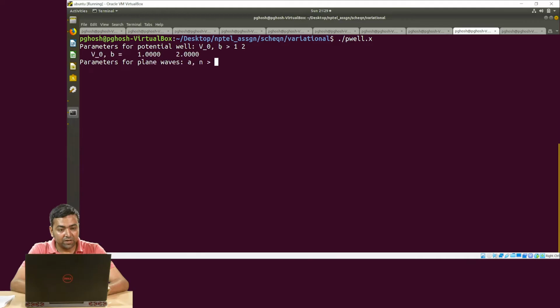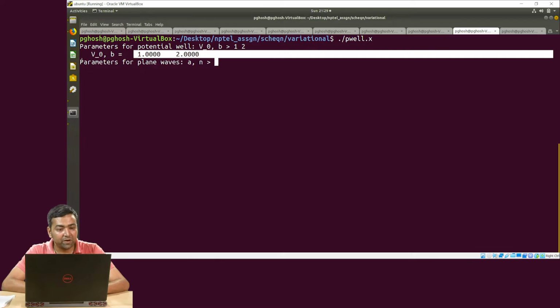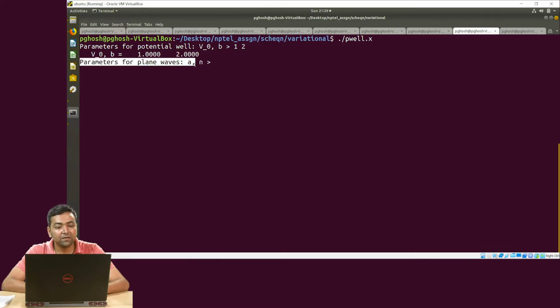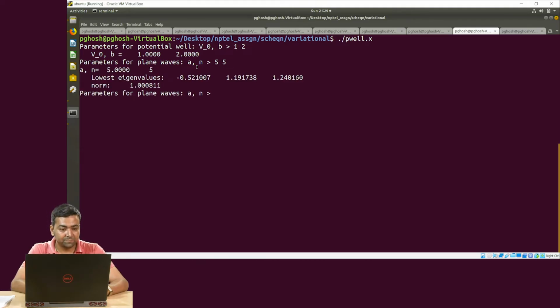The code reads in and prints out these values. Then it asks me the parameters for the plane waves, that is A, the periodicity, and N, which determines the number of plane waves. Let me start with a small value of A and a small number of plane waves, that is 5 and 5.